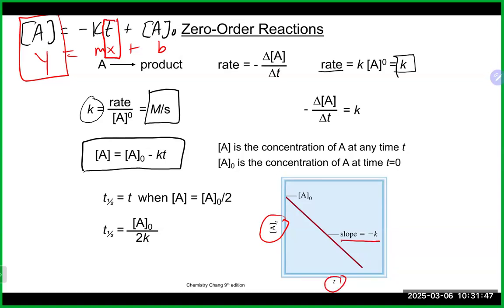And again, the slope of this line is going to be a negative sloping line, which means the slope will actually equal the negative of the rate constant. This again is going to give you kind of that negative equals a negative, which will turn your k into a positive. So again, positive value for k in this particular case. Now, when you look at that graph, you may say to yourself, I feel like I've seen that graph before.